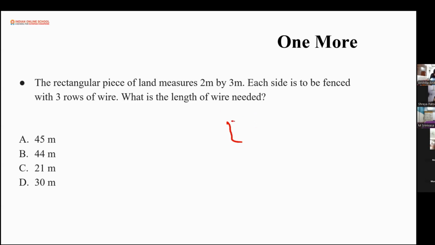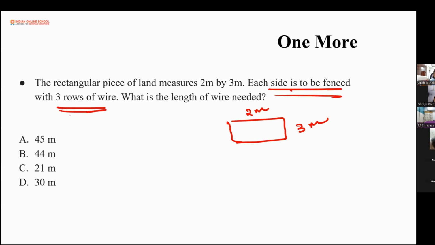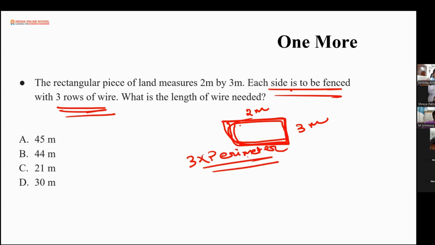So the question says, this is a piece of land which measures 2 meters by 3 meters. You have to fence it with 3 rows. That means you have to fence it 3 times all around. 1 time, 2 times, and 3 times. So basically, you have to find 3 times the perimeter of this land.